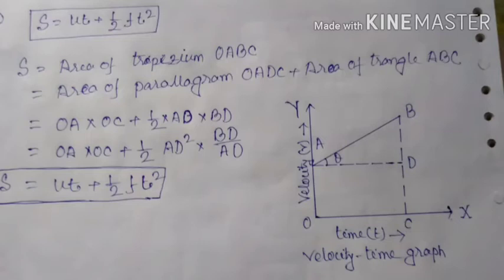So s is equal to the area of the trapezium OABC, that is the area of parallelogram OADC plus the area of triangle ABD. Now the area of the parallelogram is OA into OC, plus half into AD into BD, that is OA into OC plus half into AD square into BD by AD. So using the values from this figure we can write s is equal to ut plus half of ft square.